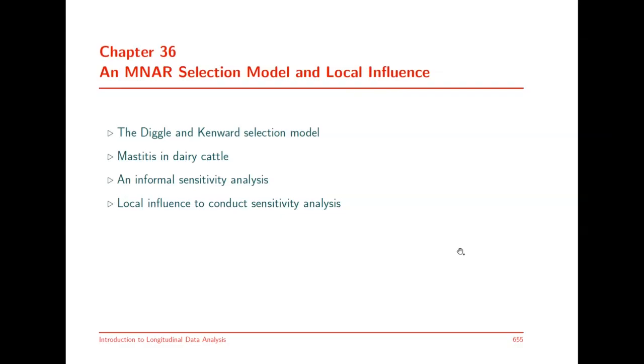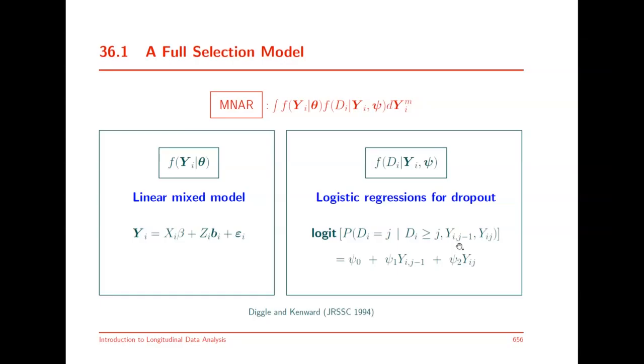So what I do in the selection model and local influence part is actually illustrate that if you do a naive analysis of missing not at random, you might be inclined to conclude, hey, the model that I fitted under MNAR is an improvement over MAR, so I have shown missing not at random.